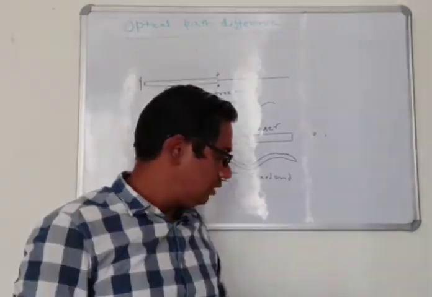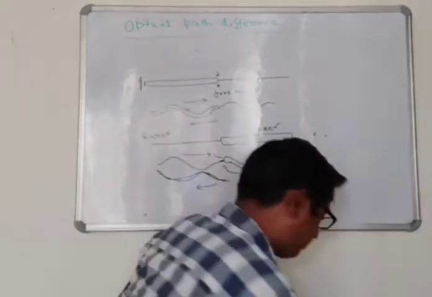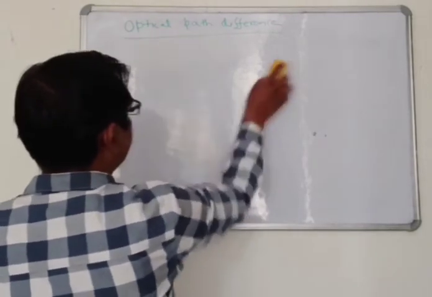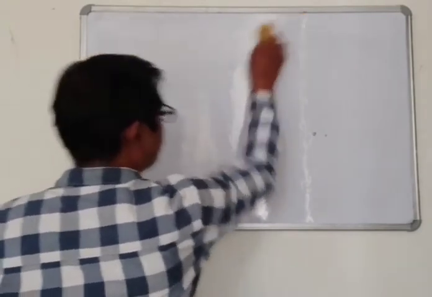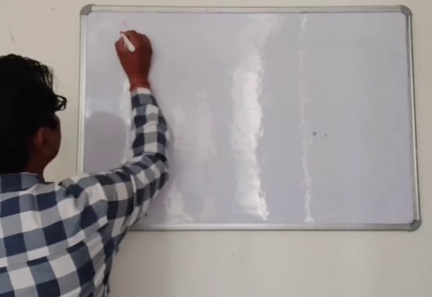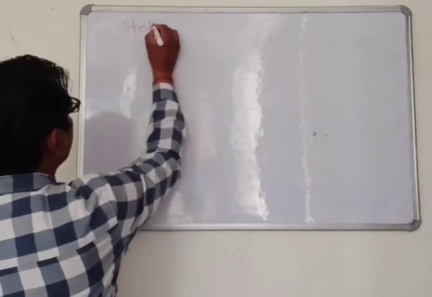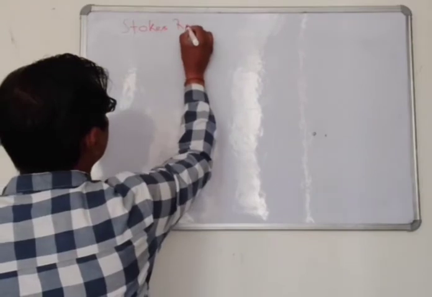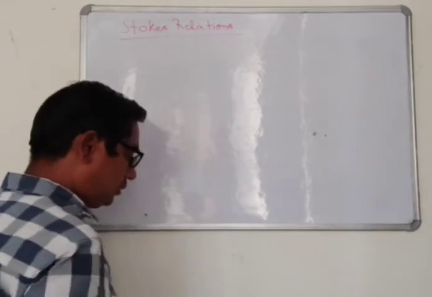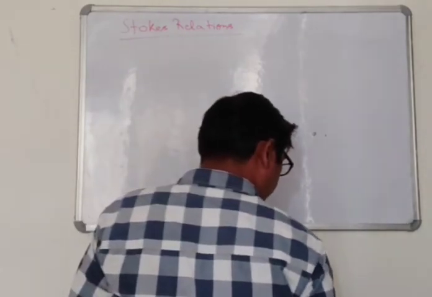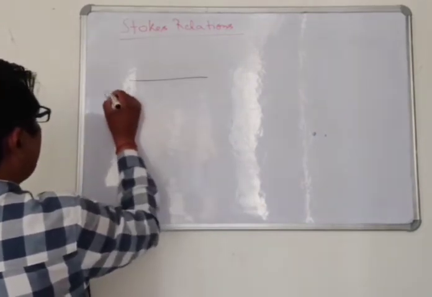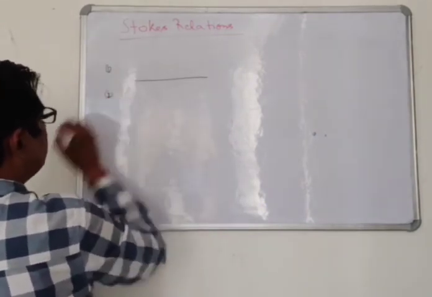Now we will discuss the Stokes relations. What is the Stokes relation? In the Stokes relations, suppose here we have two media, one and two.